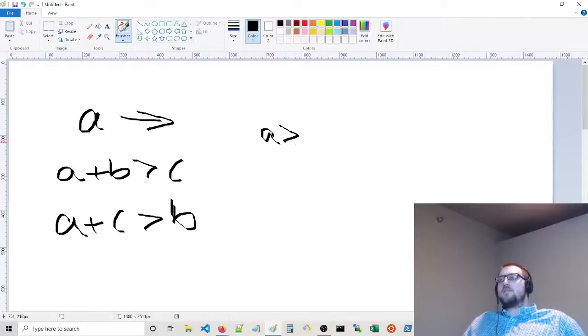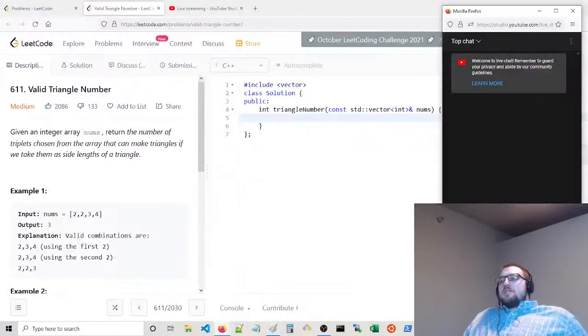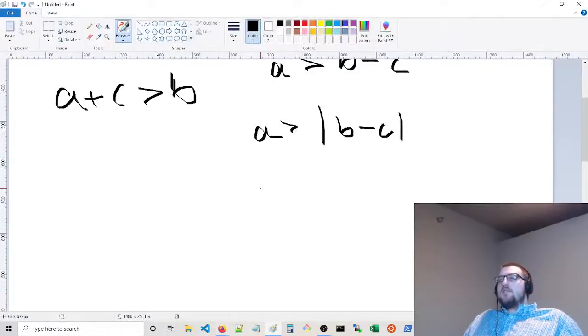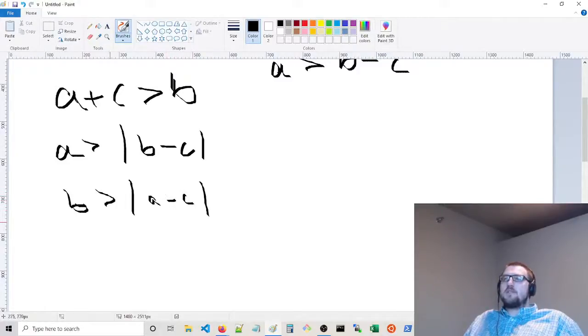So A is greater than C minus B. Also, A is greater than B minus C. So A is greater than the absolute difference of B and C. Interesting, and that's got to be true in all three situations: A is greater than the absolute difference of B and C, B is greater than the absolute difference of A and C, and C is greater than the absolute difference of A and B.